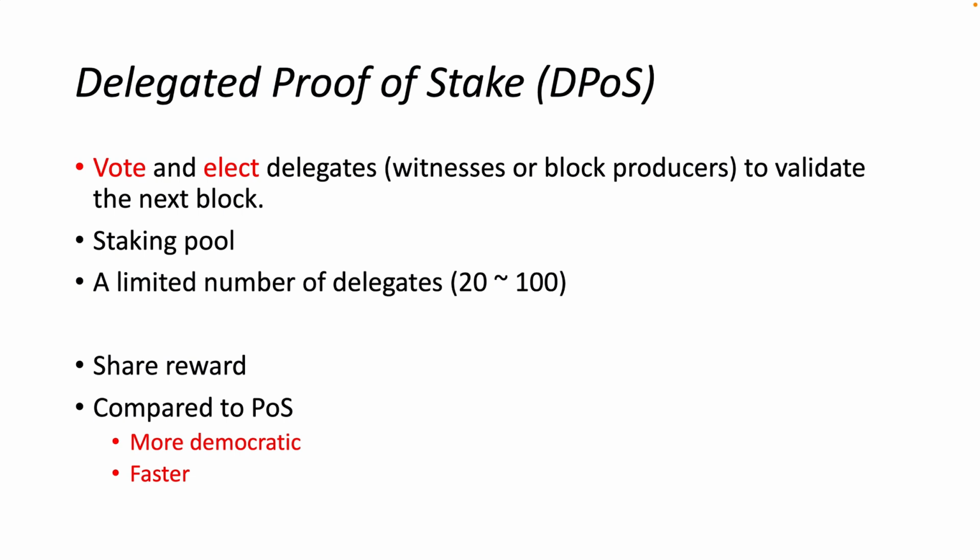It allows a more diverse group of people to participate in the process, since it's based on earned reputation as a lawful staker and not overall wealth. Additionally, because there are a limited number of validators, delegated proof of stake allows the network to reach consensus more quickly.